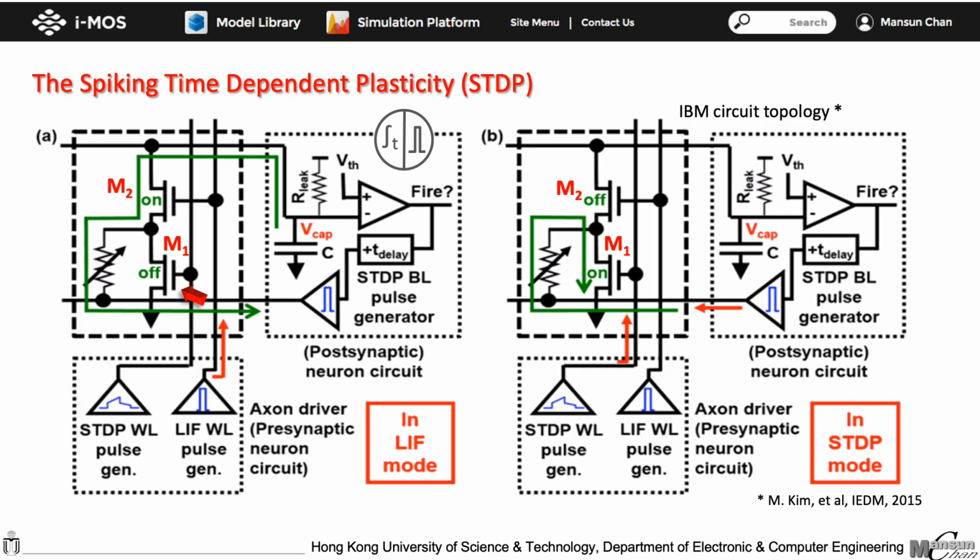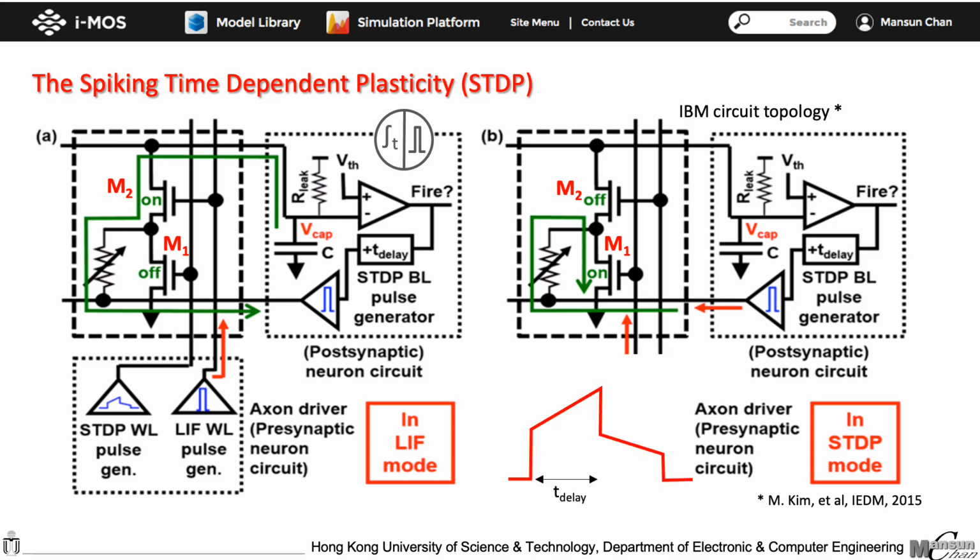After the neuron fires, the fired pulse is passed back to the synapse after some delay to compare its relative timing with the input pulse. The STDP process reprograms the PCM cell depending on the relative timing between the input pulse and the feedback pulse. It is controlled by the shape of the STDP waveform, which is indicated by the red line here.